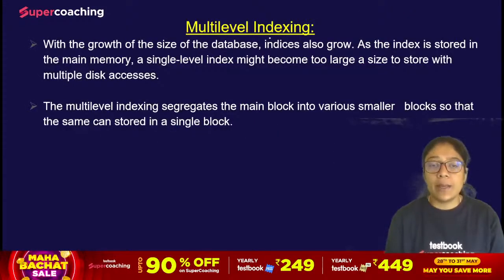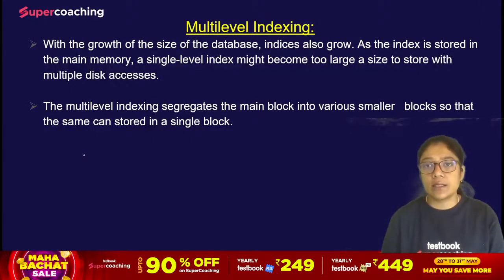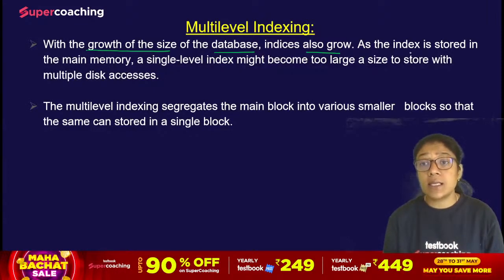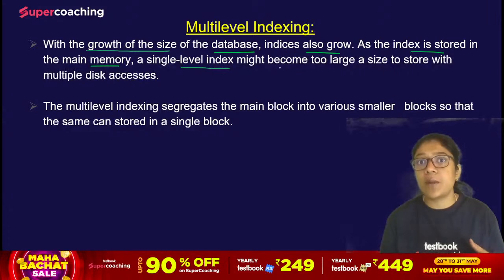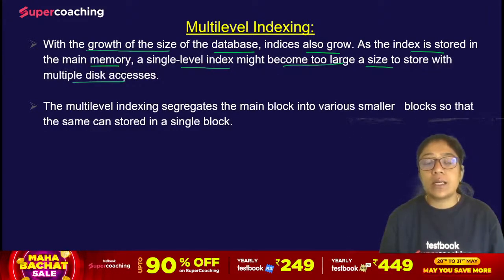Okay, so basically the concept of multi-level indexing we have understood conceptually. So let's look at the theory. With the growth of the size of the database, index will also grow. As the size of the database file increases, the size of the index will also increase. As the index is stored in the main memory, a single level index might become too large a size to store with the multiple disk accesses.